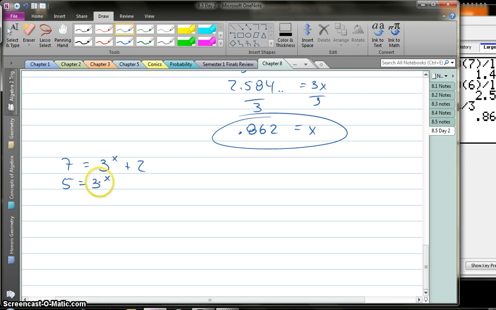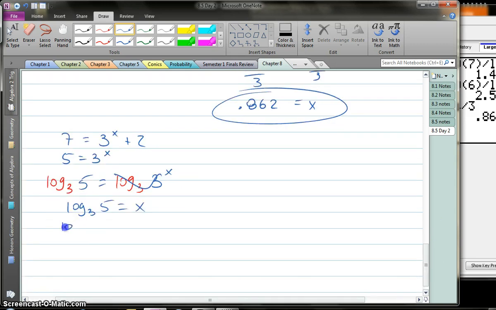To get the x alone, we need to eliminate a base 3. So I'm going to log base 3 each side. Log base 3 of 5 equals log base 3 of 3 raised to the x. So now this is gone, and I'm left with log base 3 of 5 equals x.